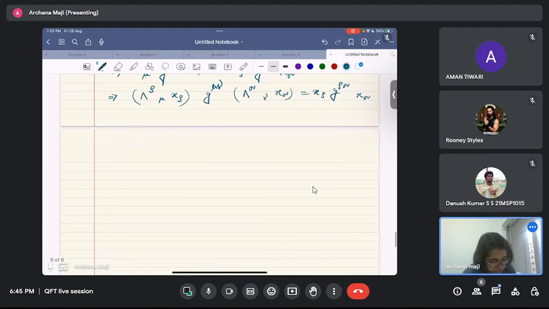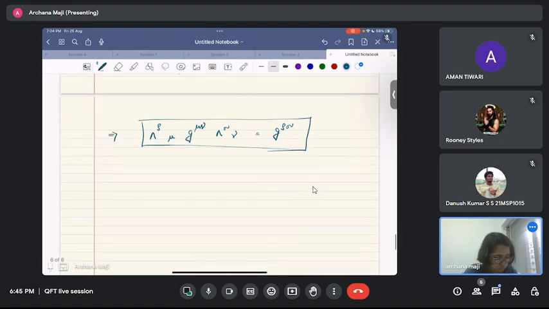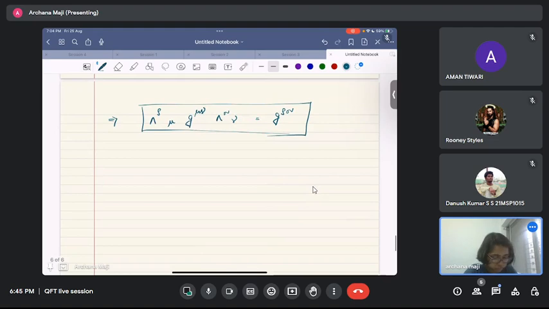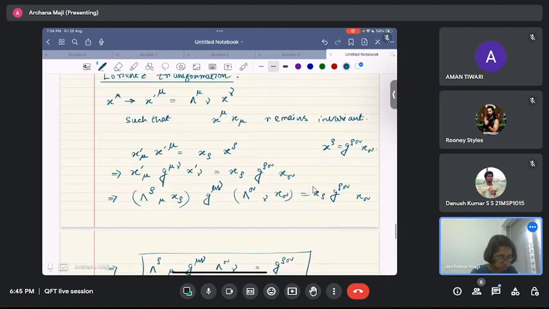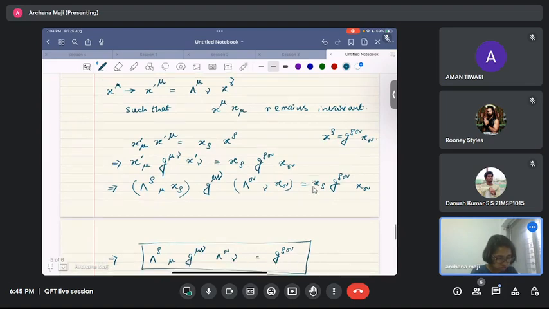Comparing both sides, we can see the constraint satisfied by lambda is this. Is this clear?